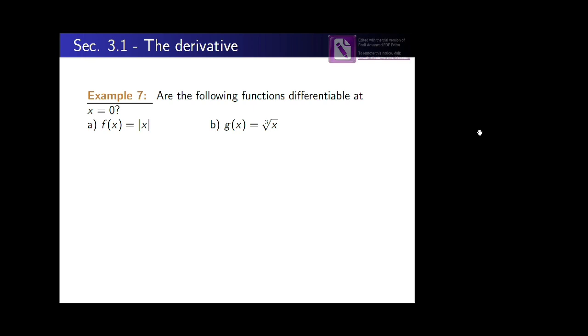Example number 7: are the following functions differentiable at x equals 0? (a) f of x equals the absolute value of x, (b) g of x equals the third root of x. Let us see the first one, f of x equals the absolute value of x.